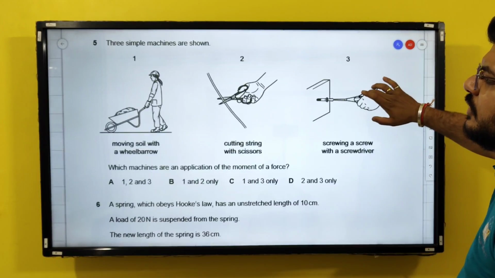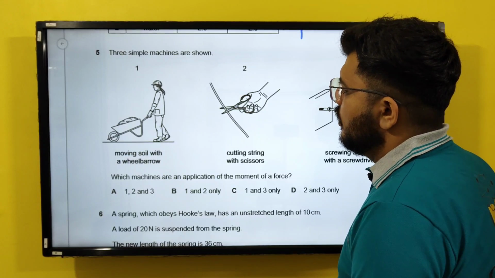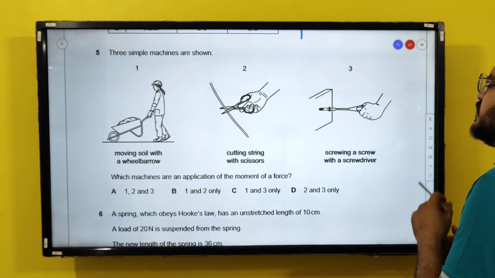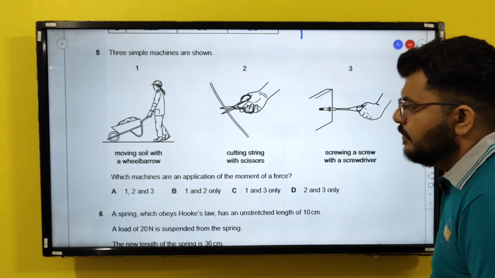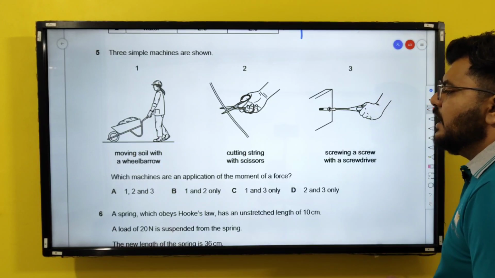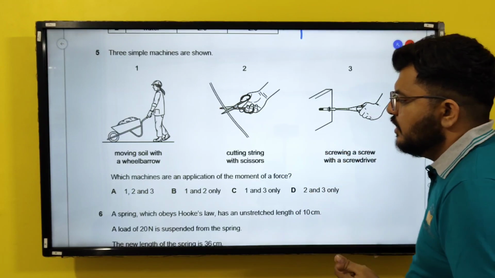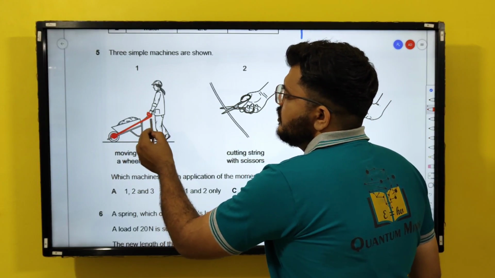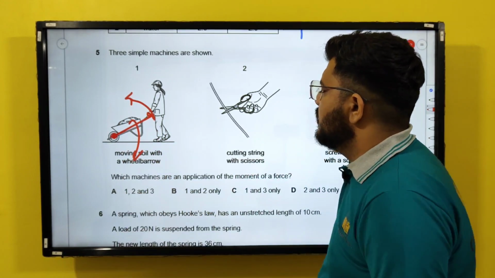Next we have question number 5. 3 simple machines are shown: moving soil with a wheelbarrow, cutting string with scissors, screwing a screw with a screwdriver. Which machines are an application of moment of force? Yes, this does use moment of force, right? This is a moment in this direction, this weight is a moment in this direction.